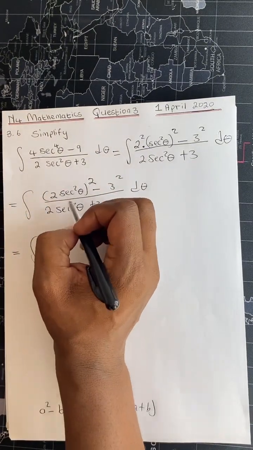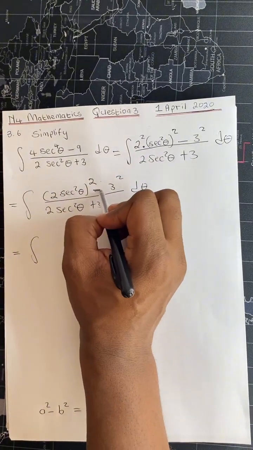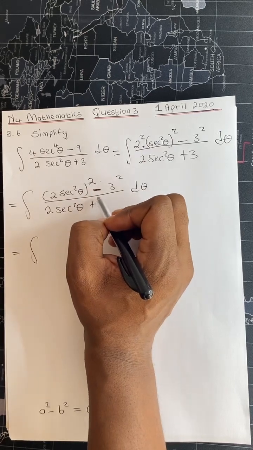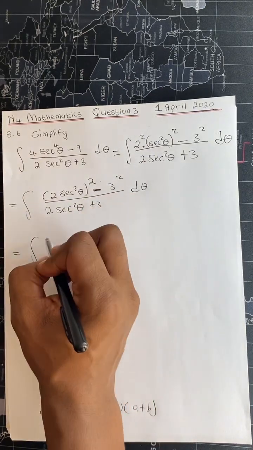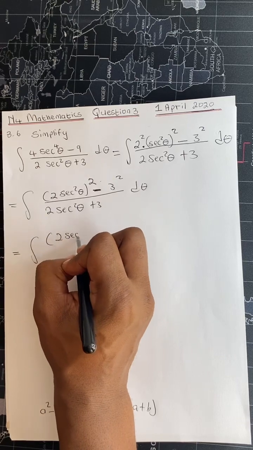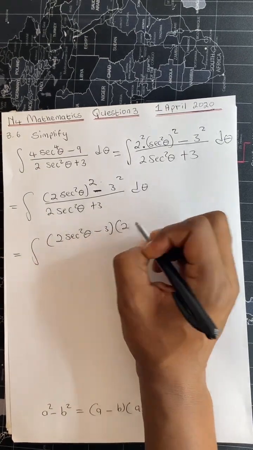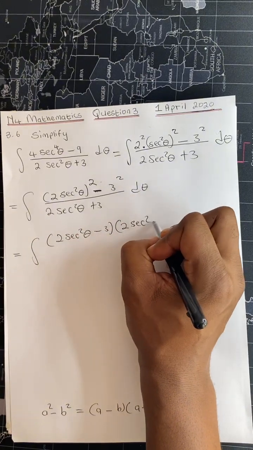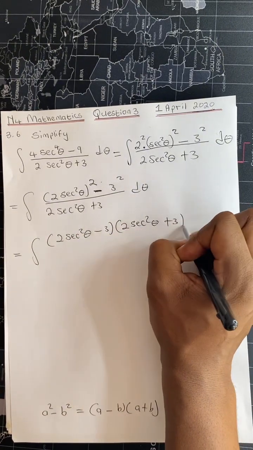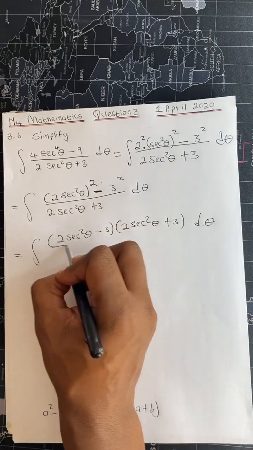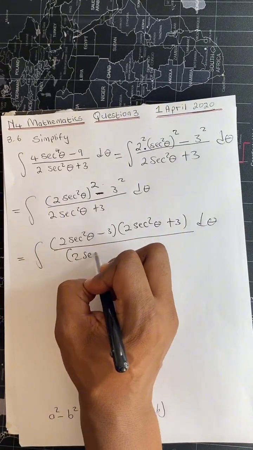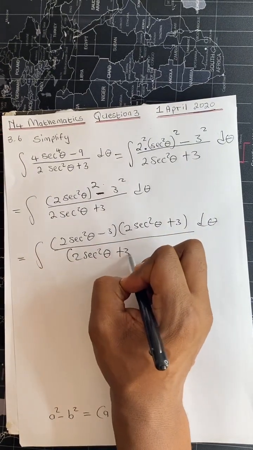So we can see that now we have a square and a difference with a minus in between. So we have a difference of two squares. So we can express this as 2 sec squared theta minus 3 into 2 sec squared theta plus 3 d theta, all divided by 2 sec squared theta plus 3.